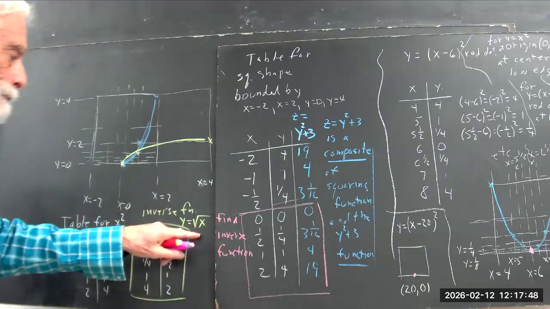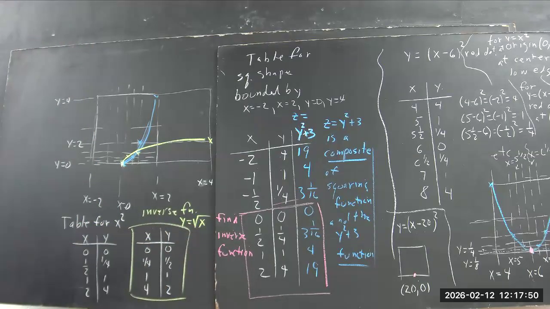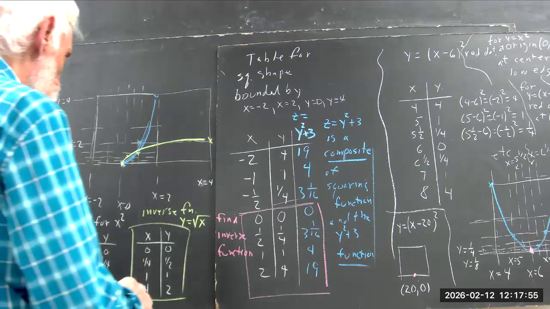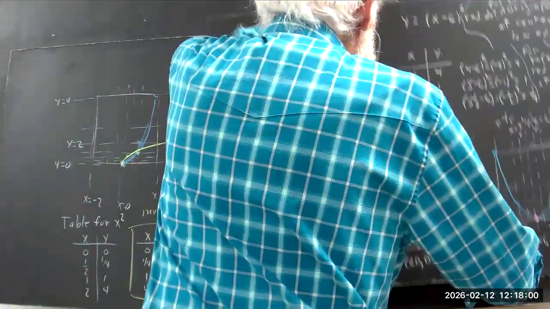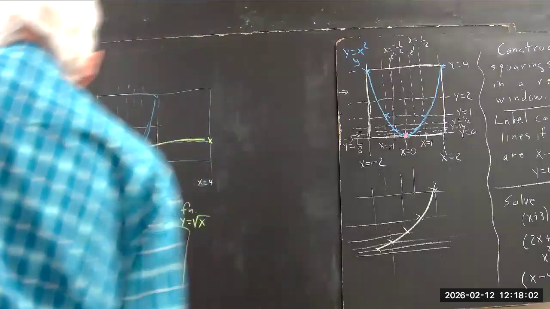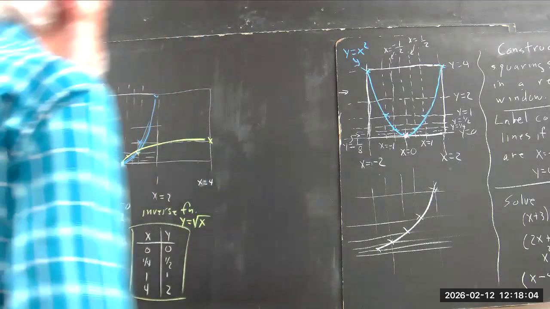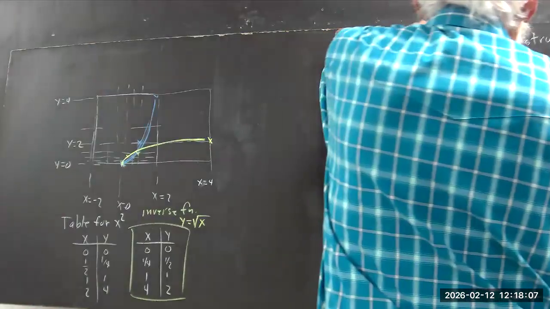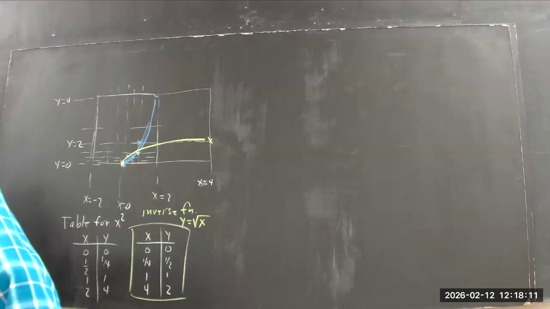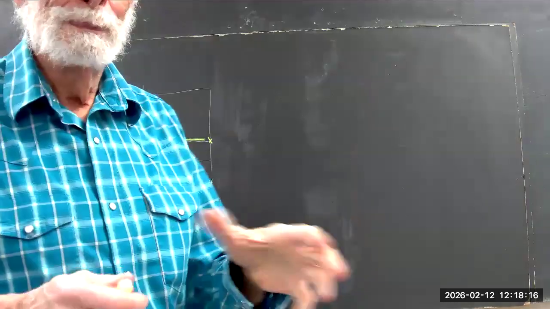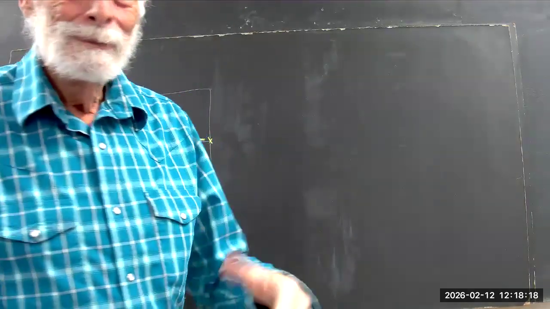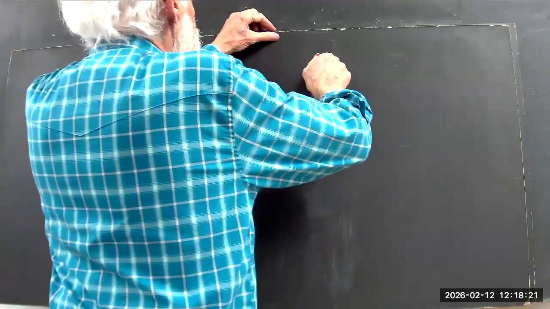See, we've got a formula, square root of x. I'm going to have to do this too fast for you to digest, so make a point to look at the end of the video and see.